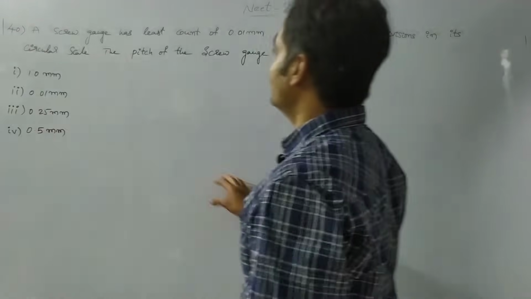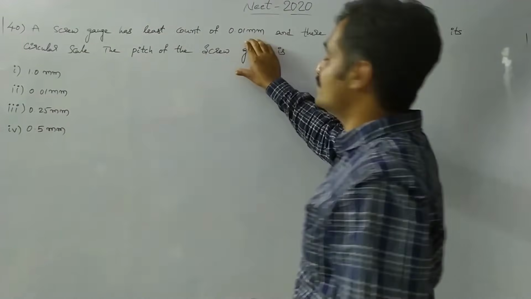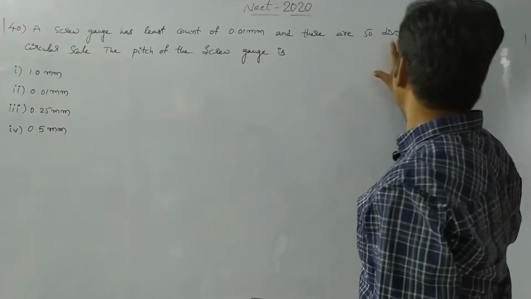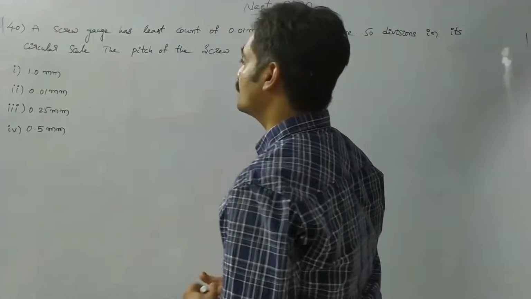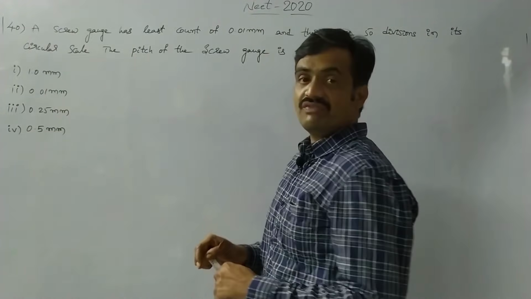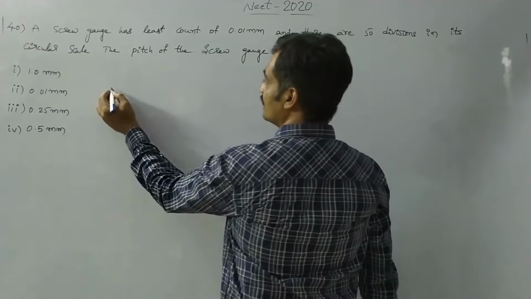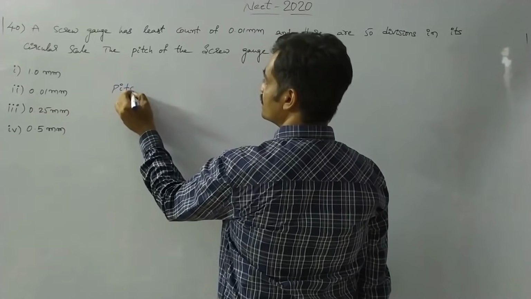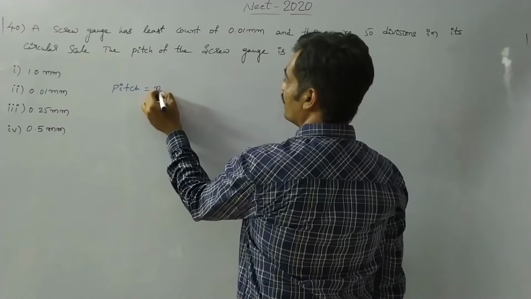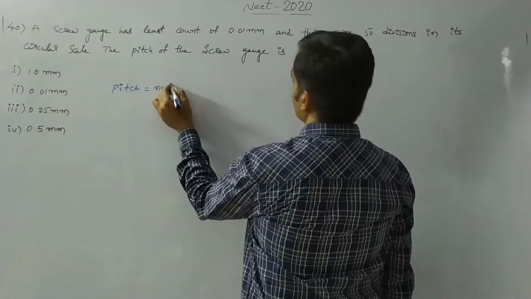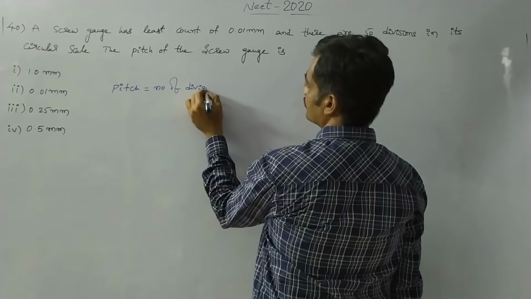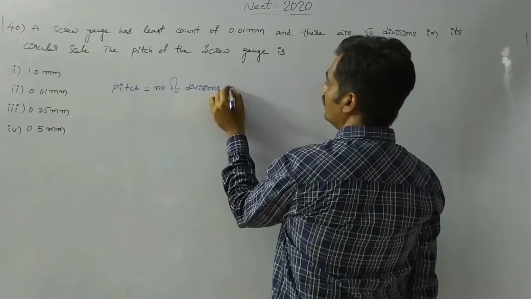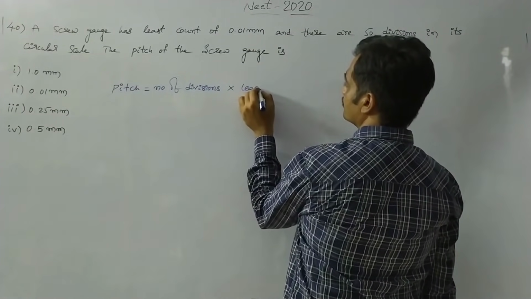The next question is, a screw gauge has a least count of 0.01 millimeter and there are 50 divisions in its circular scale. The pitch of the screw gauge is? So now we have to find the pitch, where we know that the pitch of the screw gauge is equal to number of divisions into least count.